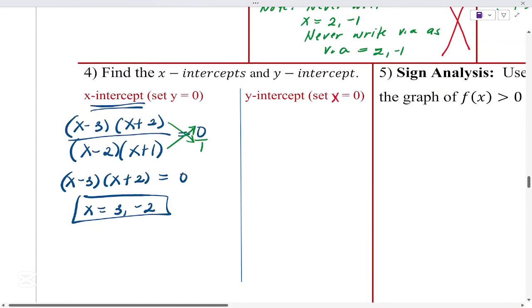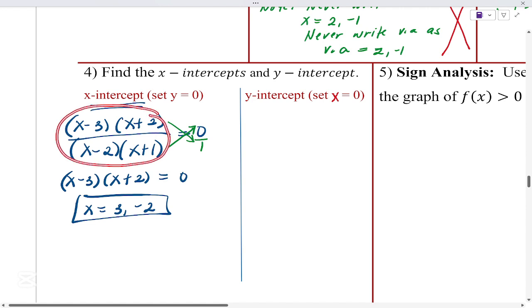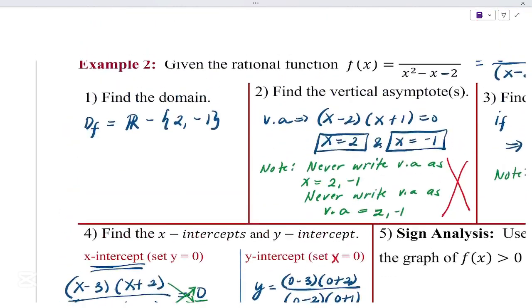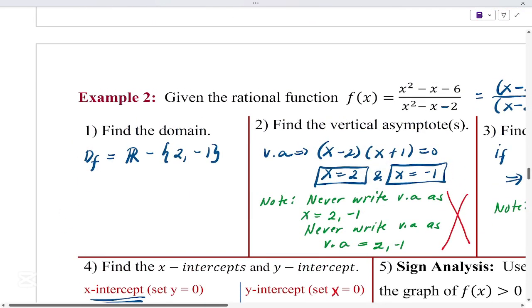Then for the y-intercept, we put x equal to 0. So let us put the value of x, which is 0, in this function. We have y equal to (0 minus 3)(0 plus 2) over (0 minus 2)(0 plus 1). Or you can simply substitute 0 in the original function; I think it's easier substituting in this given.